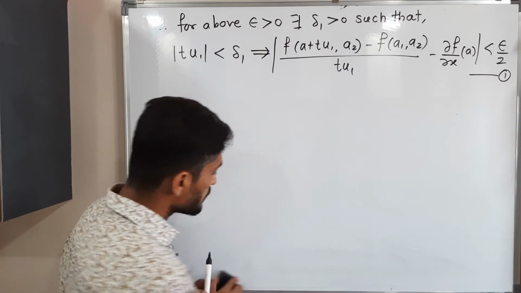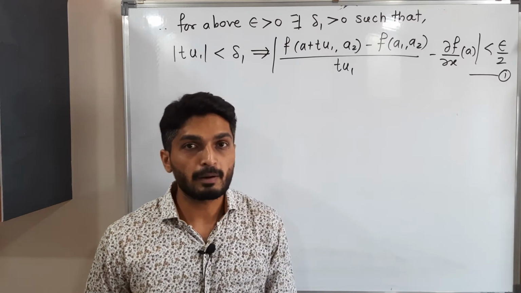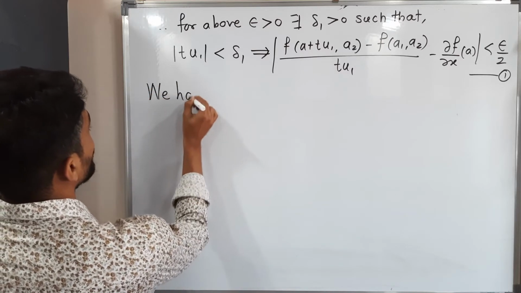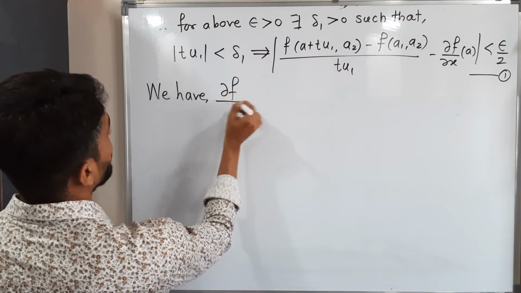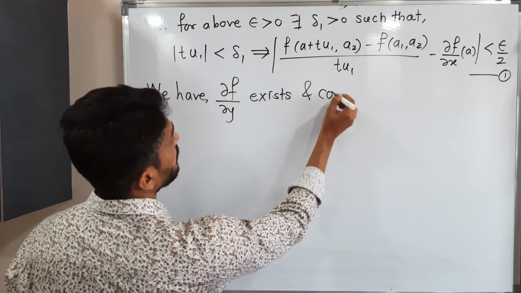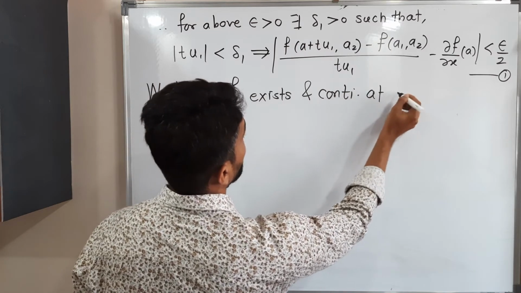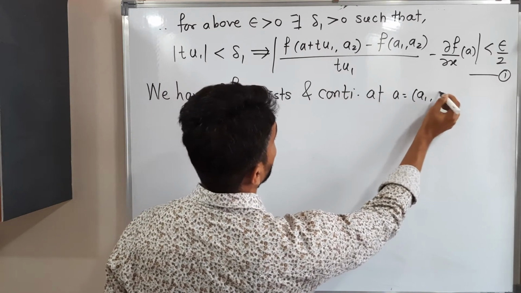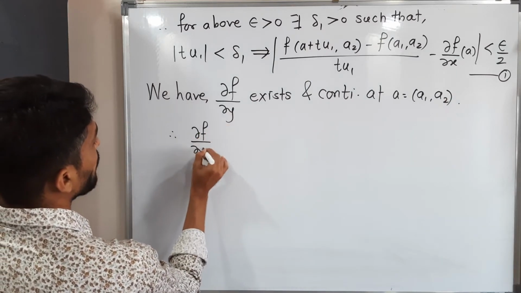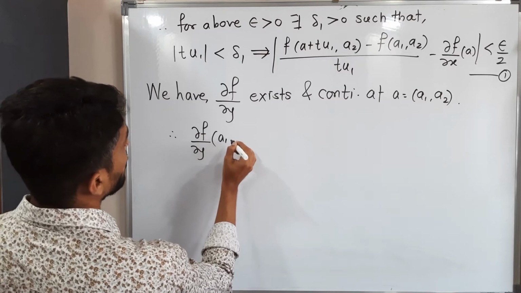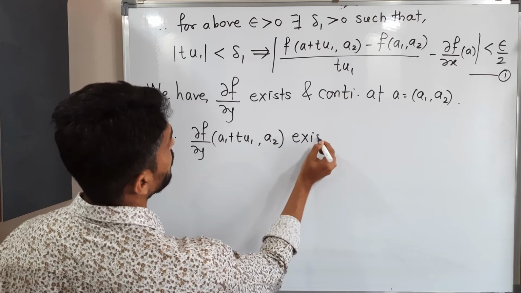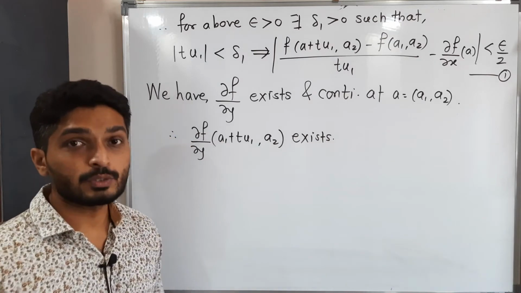So let us use the second information, that del f by del y exists and is continuous at a, meaning (a1, a2). So del f by del y at (a1 + t1, a2) also exists and is continuous.